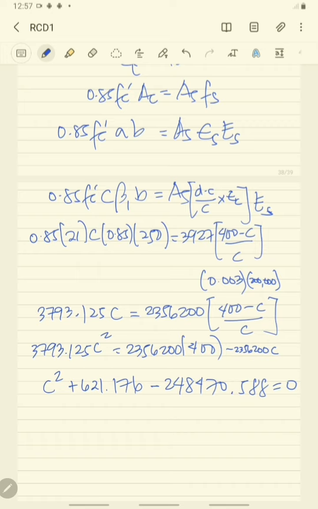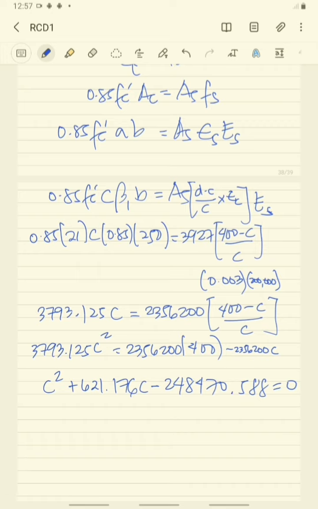Again, we have to check. 2356.2 divided by 3793.125 is 621.176 c, that is positive.